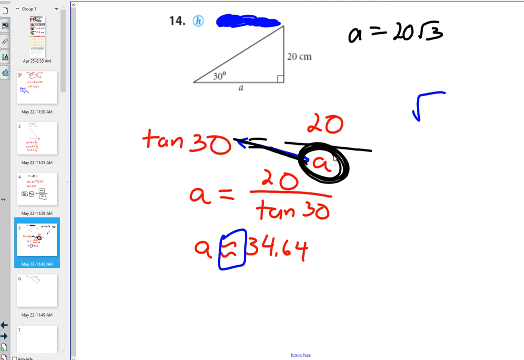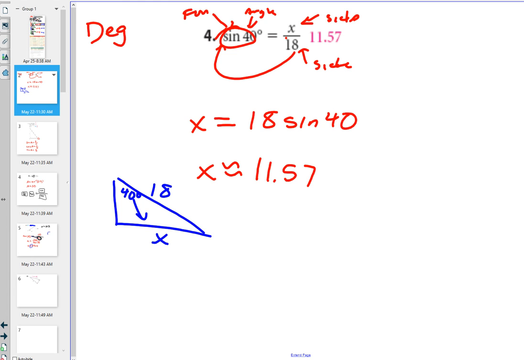On the very first equation, the variable we were looking for was on the top, so the shortcut there was just to get the number on the bottom and move it.